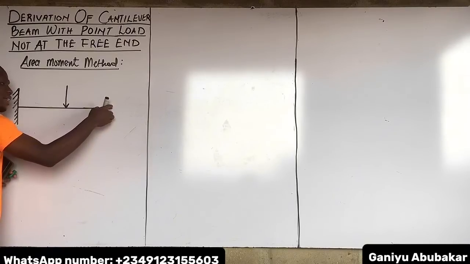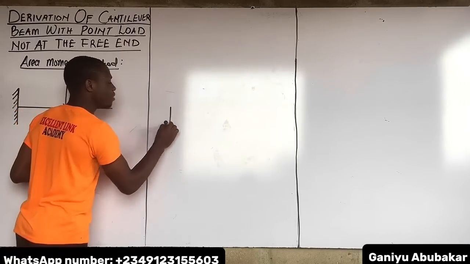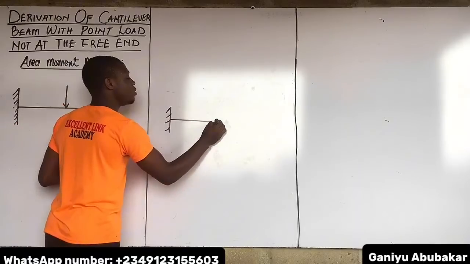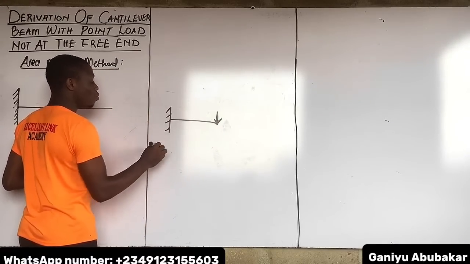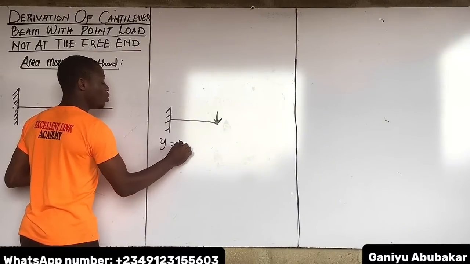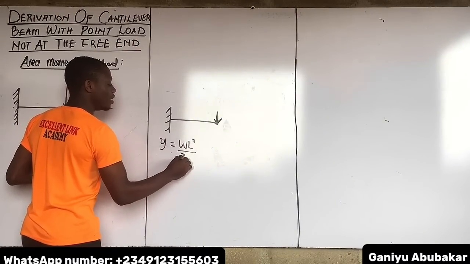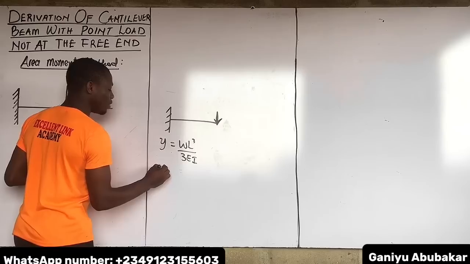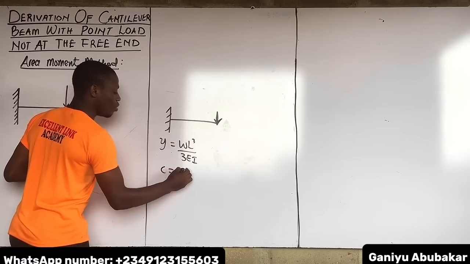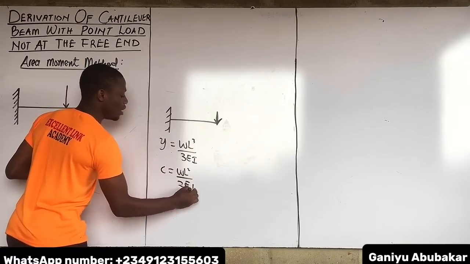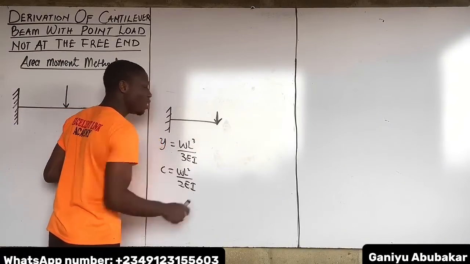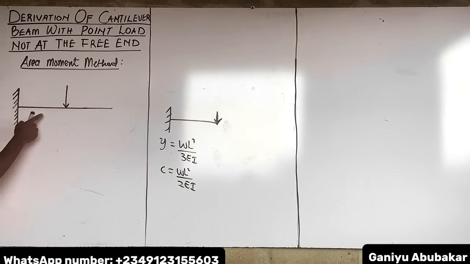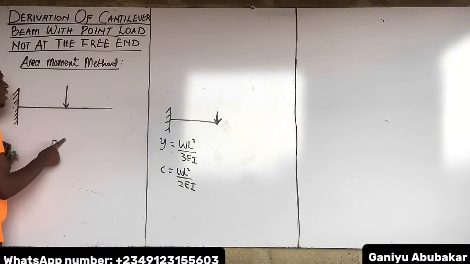We said we have the derivation for a cantilever beam with point load at the free end: y is equal to WL cubed over 3EI, and the slope equation is WL squared over 2EI. Now, today's class, we're dealing with a cantilever beam with point load not at the free end. So this is what I'm having here.